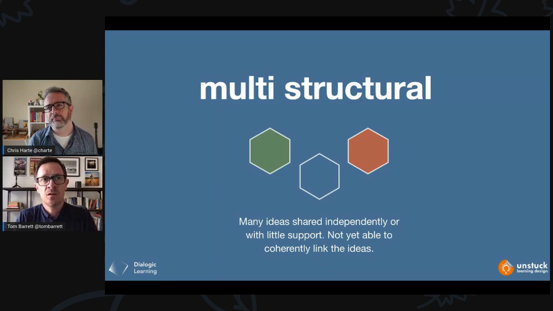But like you said, Chris, this is actually the point where probably most of our students will come in. They will begin with some understanding. That understanding will be enough to begin with, and it will often be multistructural. They'll have many ideas, but they haven't yet figured out how to connect those ideas. It might be a few individual facts or labels of specific things.